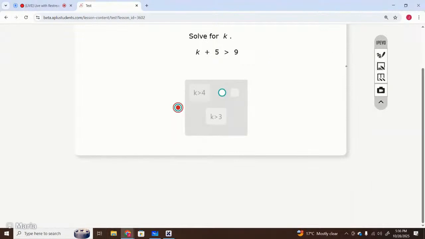Option number 1 is the correct option, that is k greater than 4.